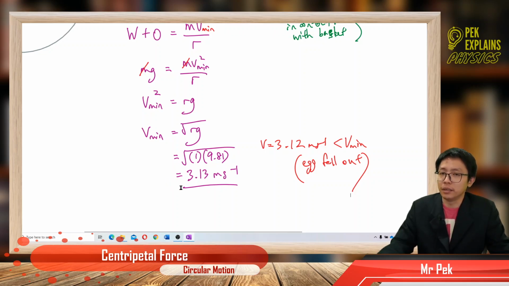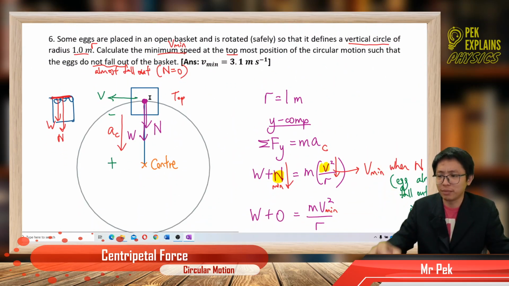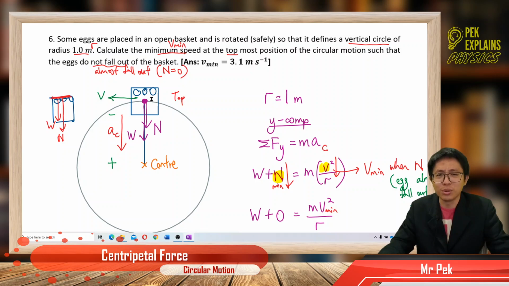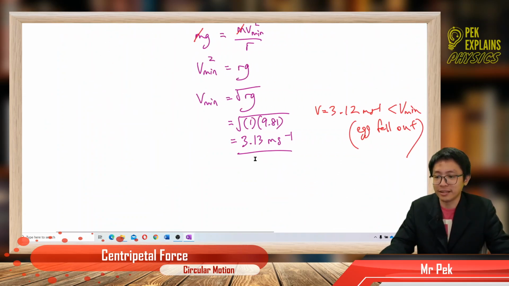Then only the egg will not fall out, because the egg is upside down, so it will fall out of the basket if it is too slow. You must maintain at least this speed of 3.13. Putting 10 meters per second is the best. So the speed must be at least 3.13 and above.